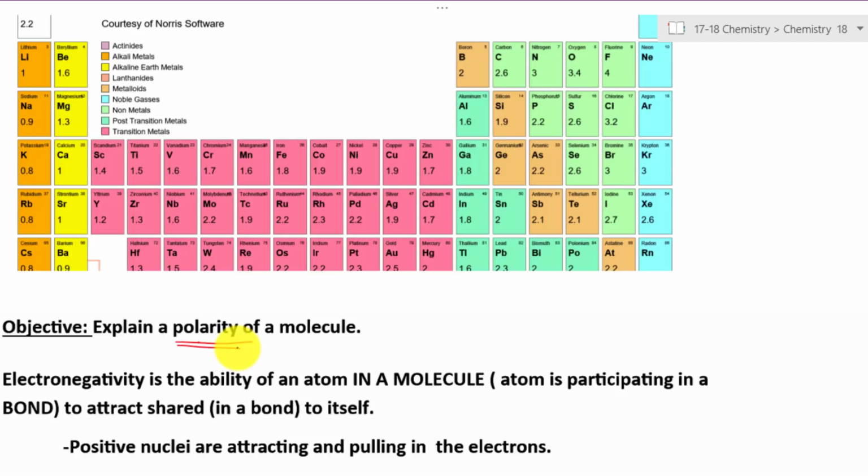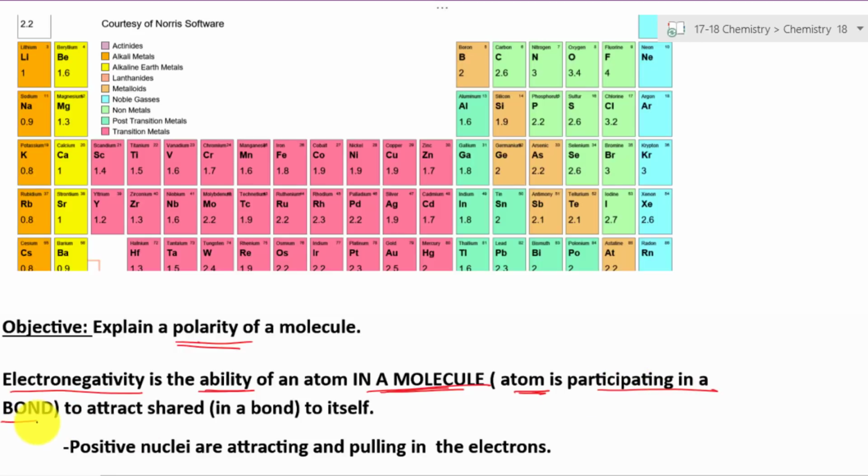First of all, before we talk about polarity, we need to realize that polarity is based on the electronegativity of an atom, or the atoms in the molecule. Electronegativity is the ability of an atom in a molecule, keep that in mind, that is participating in a chemical bond.